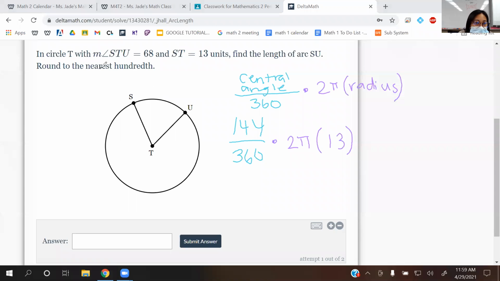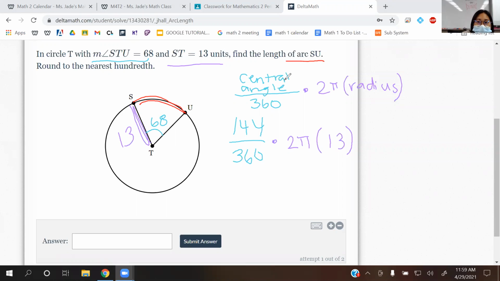All right, so for this one, in circle T, with measure of angle STU equal to 68 and ST being 13 units, we're going to find the length of arc SU.